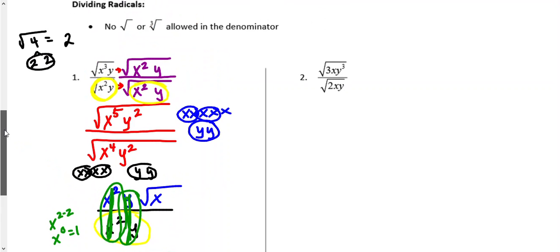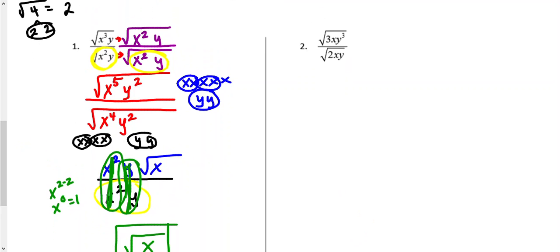All right, let's look at example 2. So again, not allowed to have a square root sign in the bottom, so I need 2 of everything. So I'm going to multiply it by itself. So I have a 2x, y. So I have 2 2's, 2 x's, 2 y's.